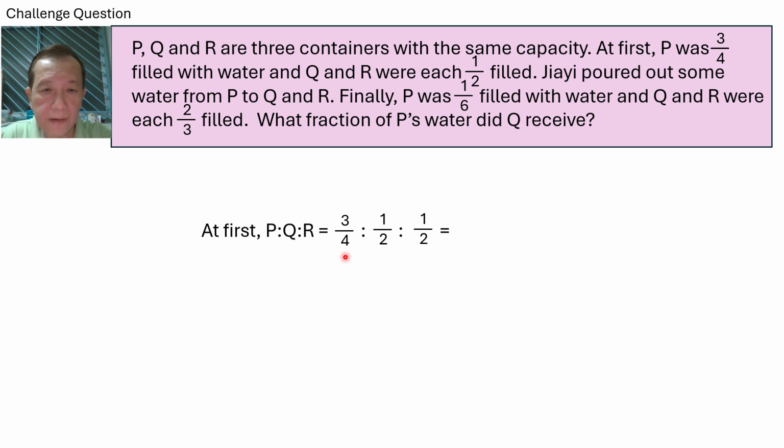Look at the denominators. 4, 2, 2. We multiply each of these by 4. 3/4 times 4 is 3. Half times 4 is 2. The total is 7U.